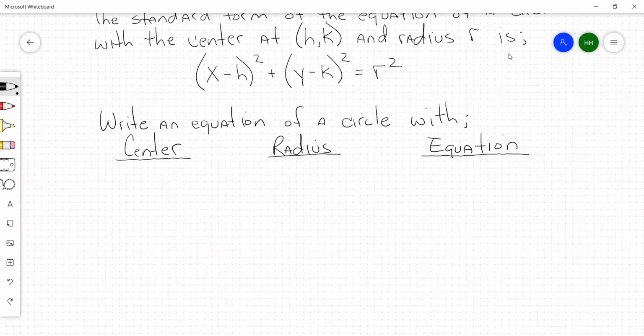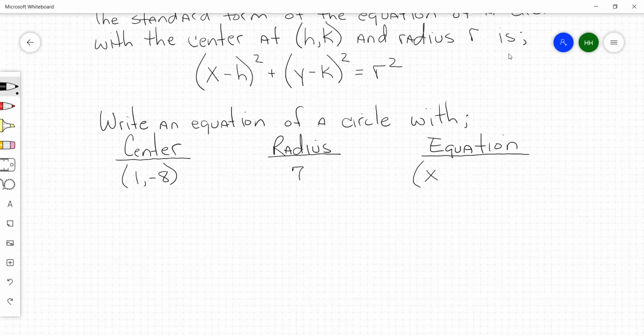So if we get a center, let's say that the center is at (1, -8) and the radius is 7. Here's how the equation is going to look. It's going to be x and the opposite of the x at the center.